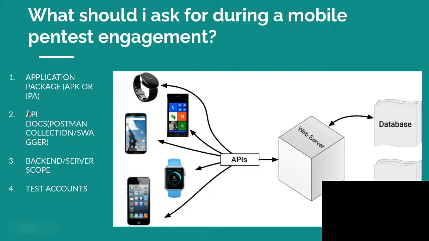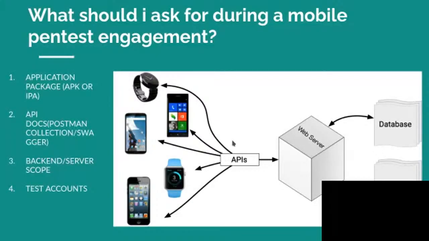But in a typical black box engagement, you will not be given API documentation, and you will need to break into the mobile application security measures that they have in place, reverse engineer their APIs, and test from there, right?